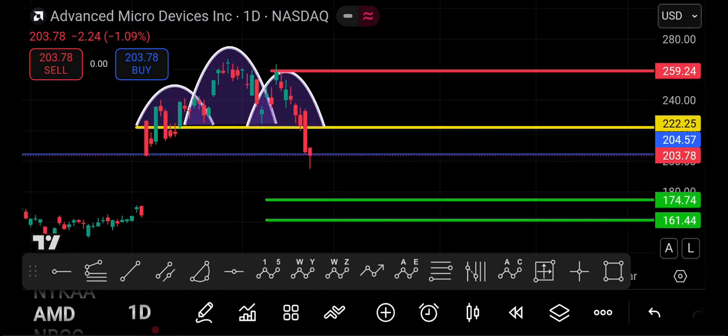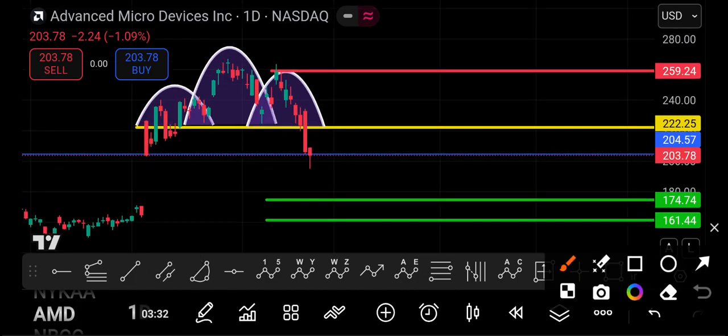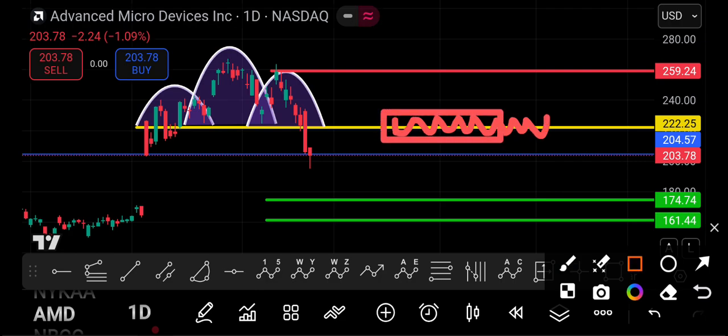And finally friends, this neckline will act as a strong resistance. Earlier it was support, but now the support has turned into an important resistance because multiple negative factors got triggered over here. This was an area where we have seen the upward sloping parallel channel got triggered on the downside.